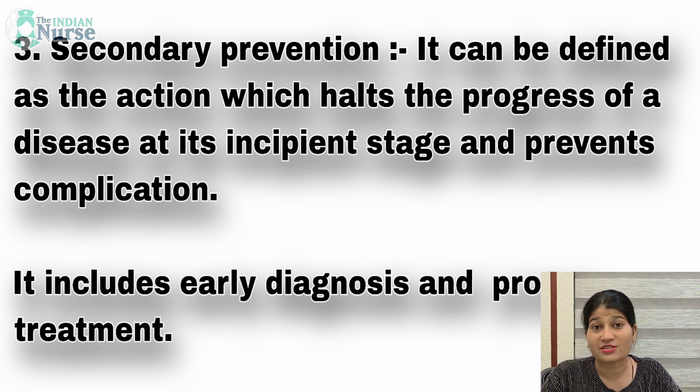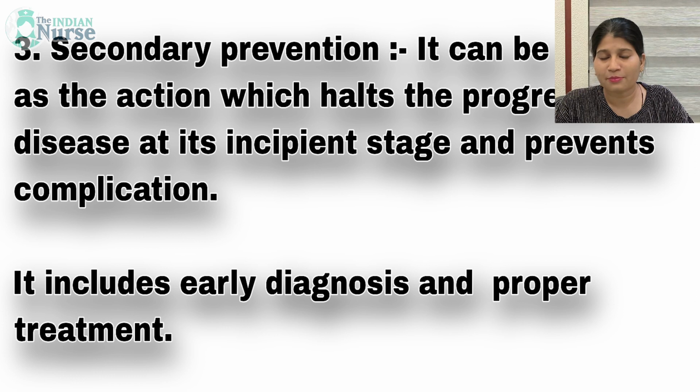So what we have to do is early diagnosis and proper treatment so that we can prevent complications. If you take secondary prevention, there is no progression of the disease and no complication. So your main interventions are early recognition, early diagnosis and treatment.